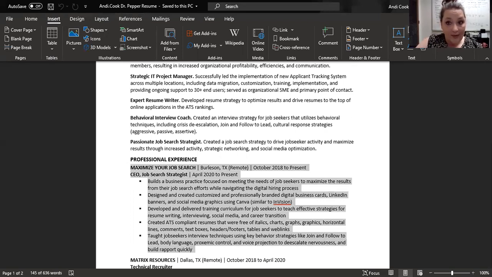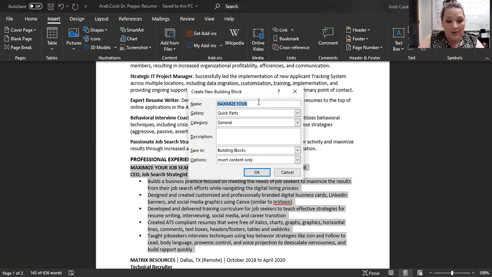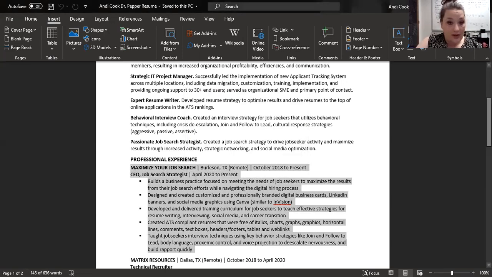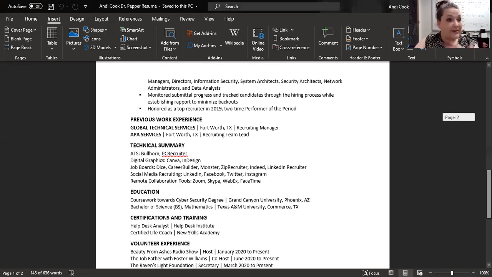So I'm highlighting my job, and I'm going to save selection to quick parts gallery. I'm going to say MYJS job description, and I'm going to save it to quick parts, and great. So if I save this, you could have different versions of those bullet points depending.